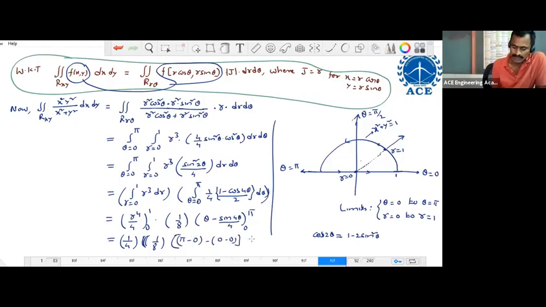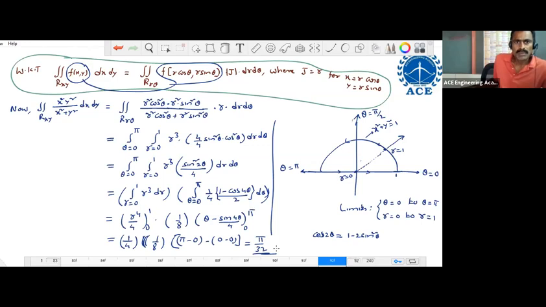That is the answer. So we can reduce the complexity by converting Cartesian to polar form so that we can do the problem in an easy way. It is the advantage of the change of variables only.